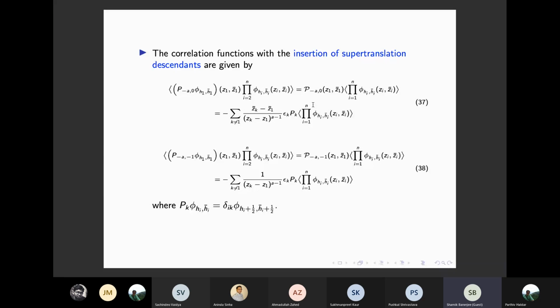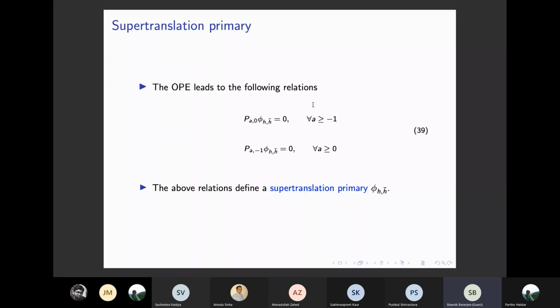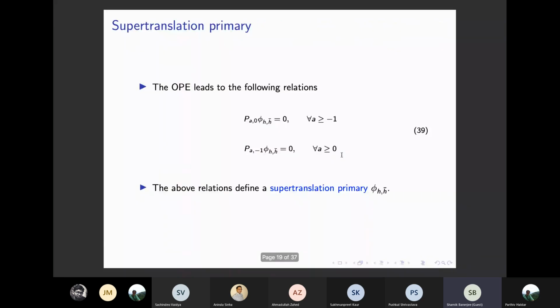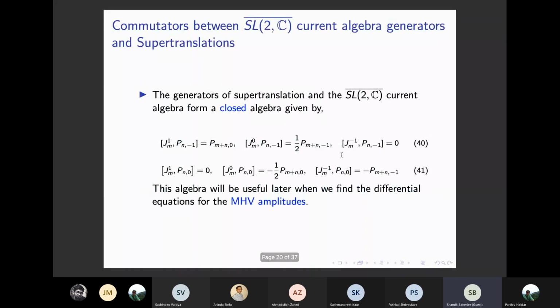One is this SL2C bar current algebra, and we also have the super translations. But now this is the definition of the super translation primary. That essentially follows from this. And the thing is that now we have two algebras.